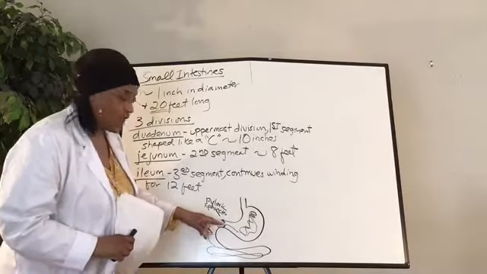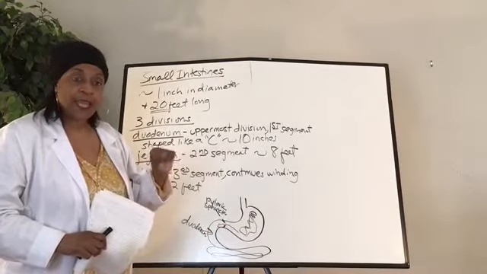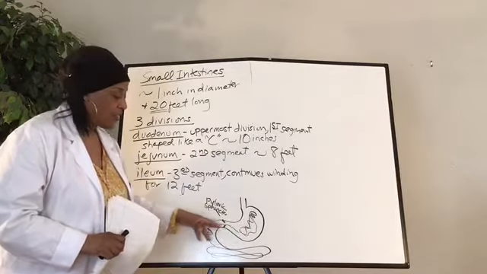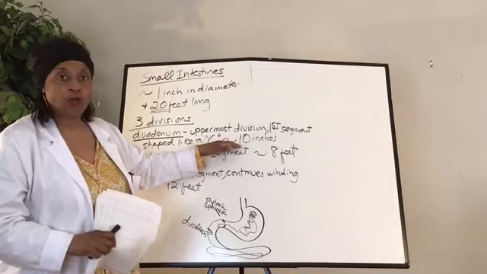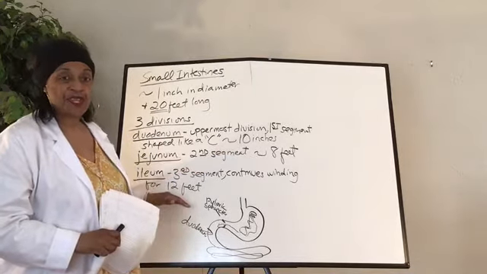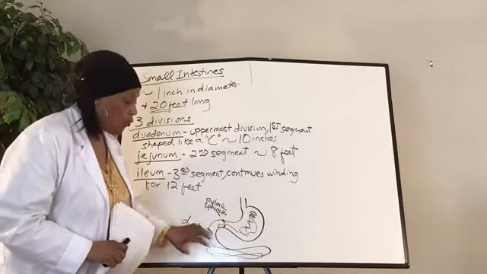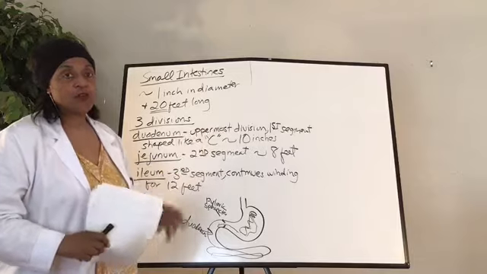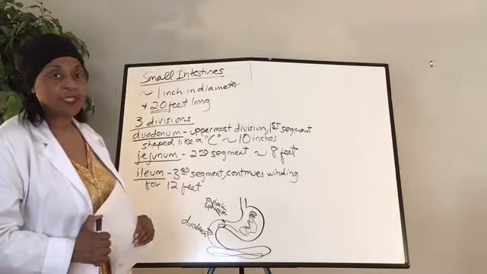So the pyloric sphincter is there to regulate how much and how often the contents are released, so you don't overwhelm the duodenum. I know you have duodenum, it'll go into the jejunum and then the ileum, but we don't want to overwhelm this small section, this 10 inches of the duodenum of the first part of the small intestines.